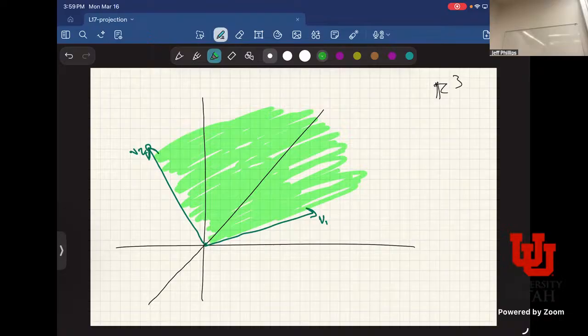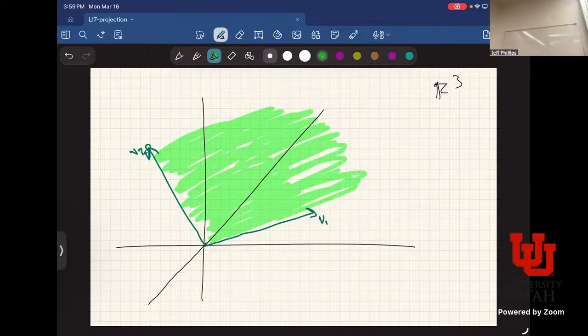It goes through the origin, and it's defined by these 2 basis vectors along the edges of the piece of paper. Now, it actually fills out to infinity in these other directions as well, in addition to the green one I've shown. But if I just color that in, everything's going to be green.